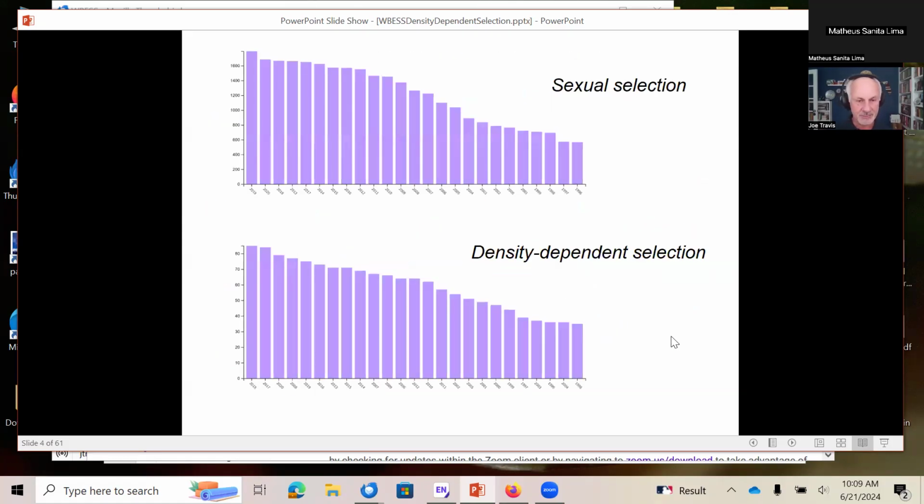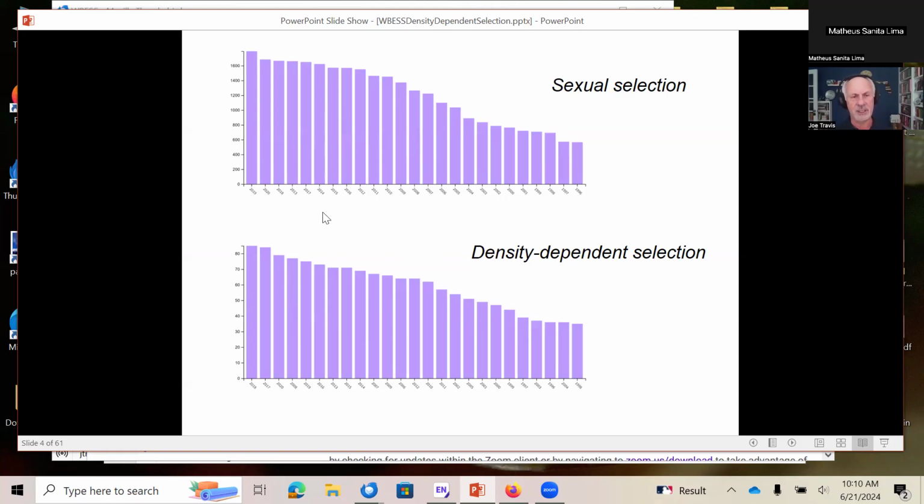This is a graph from Web of Science of citations you can get inserting the term sexual selection or density dependent selection. It's roughly chronological order, but not exactly. It arranges them in order of citations. But the temporal trend is this, of course.